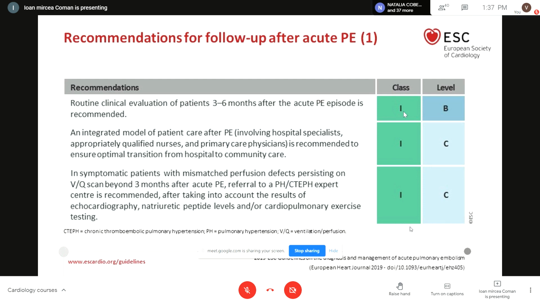And the most important sign is that more than 3 months after the acute event, the patient has dyspnea.